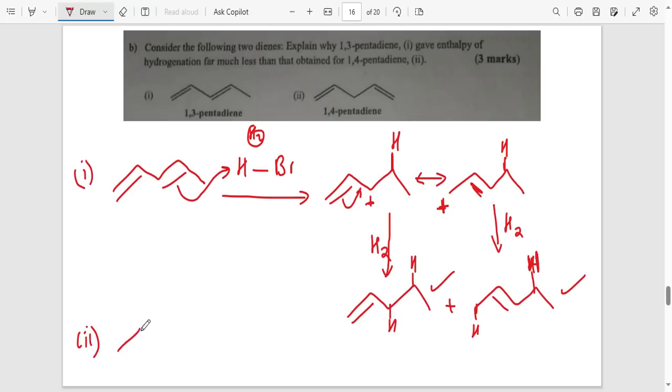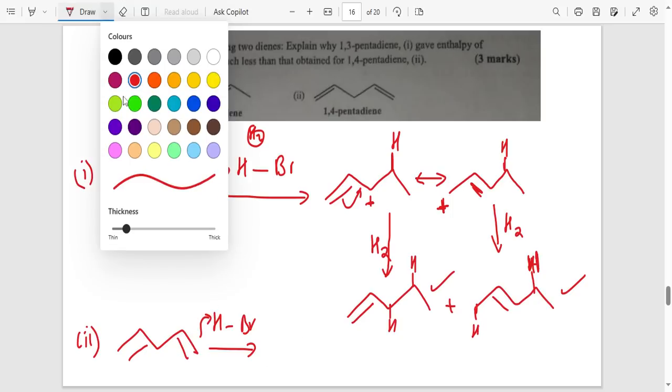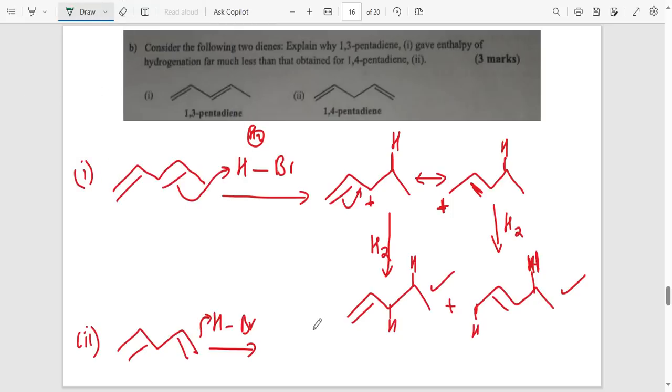You do the same mechanism for the second one. But for the second one, both double bonds are at the end, meaning that the only chance is that we are going to grab the hydrogen using the double bond at the end. There's no other chance. So if this double bond grabs this, let me even change the color, what we are going to see is going to be something like this.